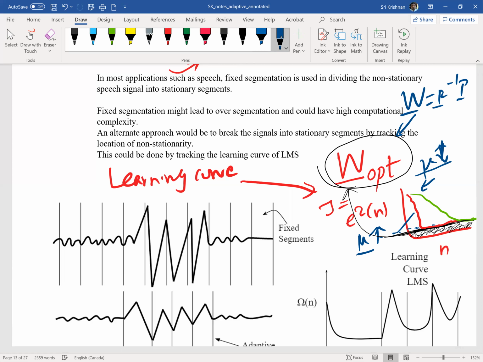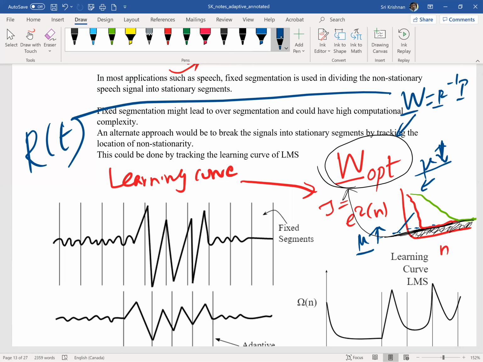But in a process where your R matrix is changing with time, for a given signal, the R matrix is assumed to be stable, that the matrix values are stable. But if the R matrix values start to change with time, or R becomes a function of time, we call that process non-stationary.